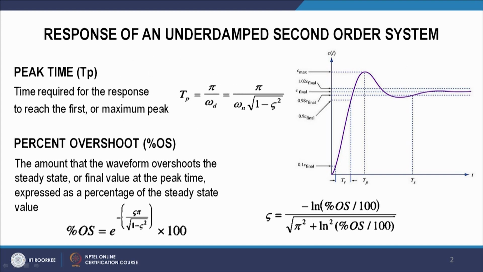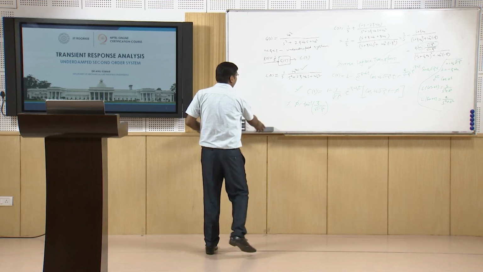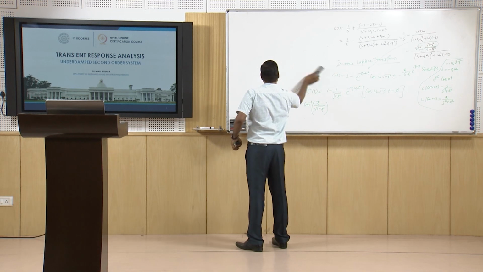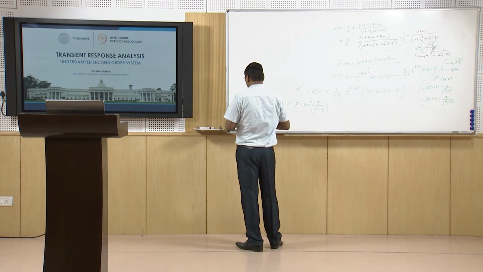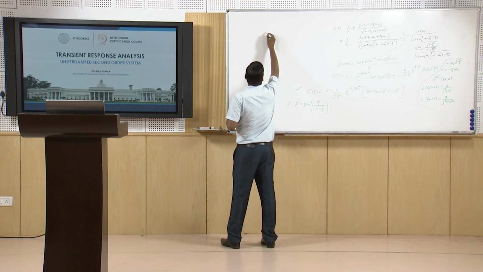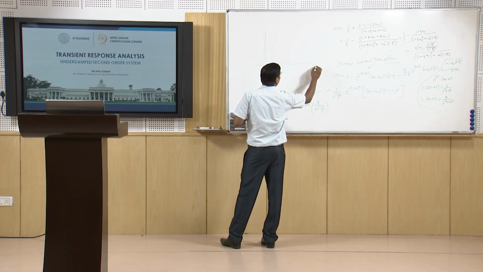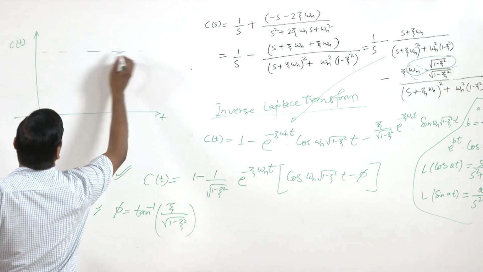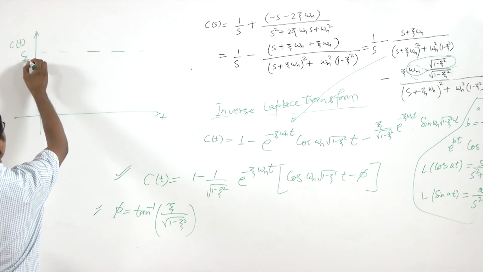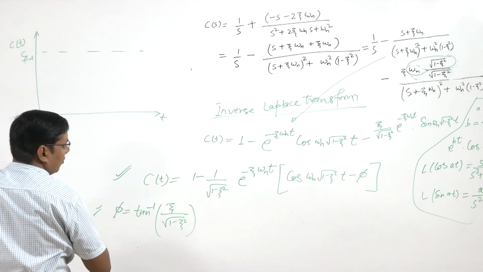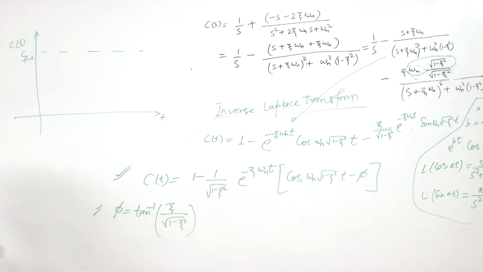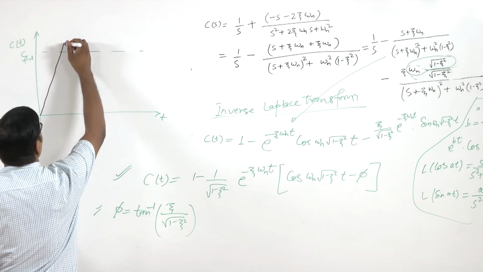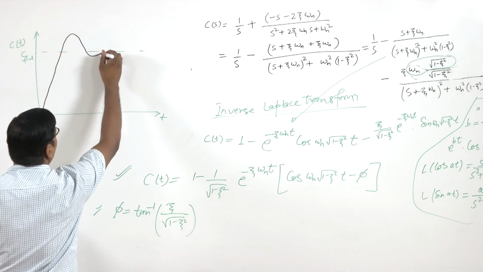So, if we plot the response of this underdamped second order system, we can see that if this is our C final or final value, the response will rise, it will overshoot, and then it will come back down.